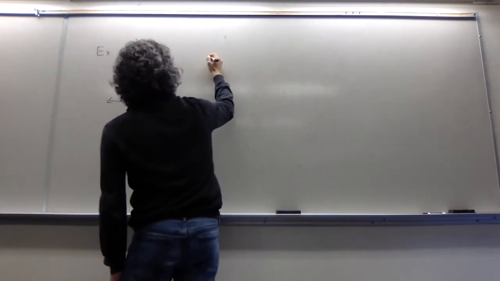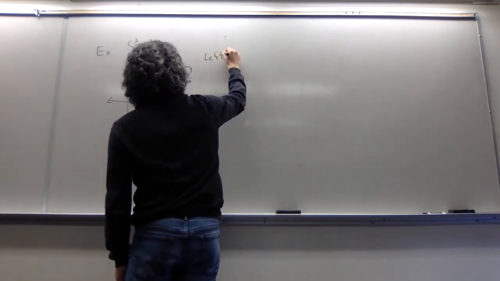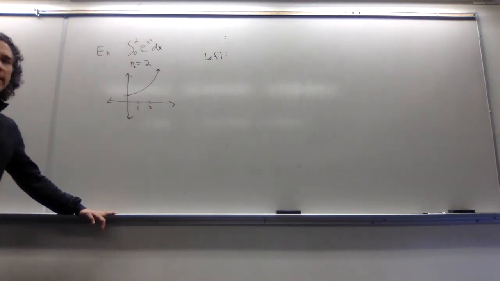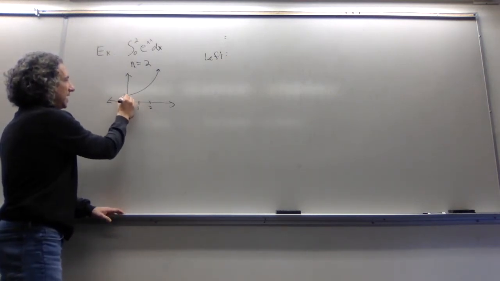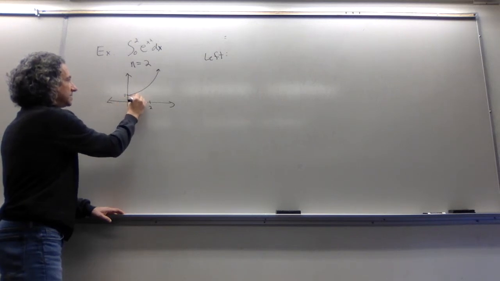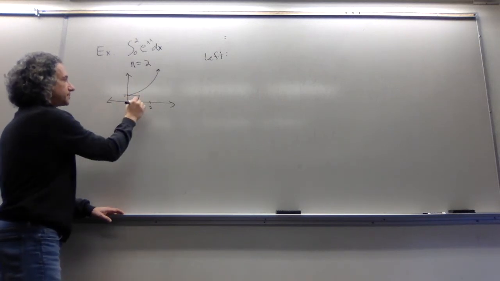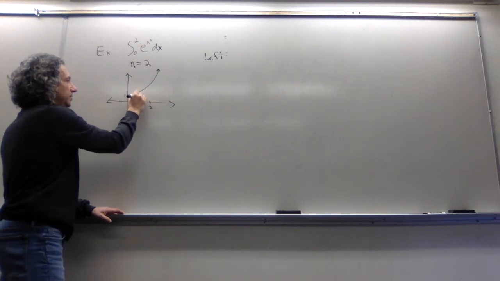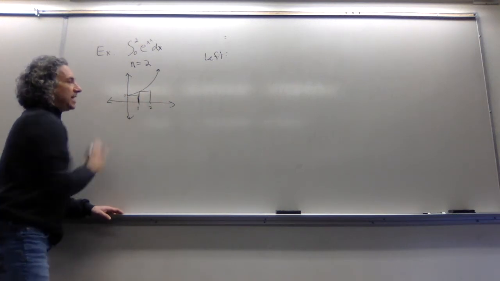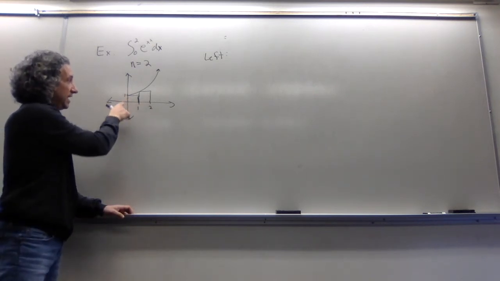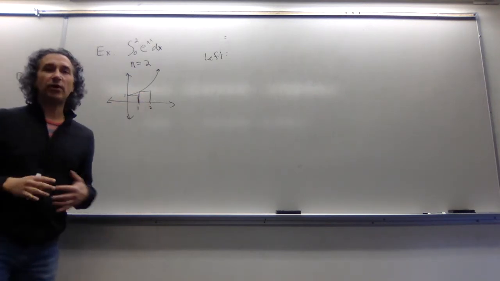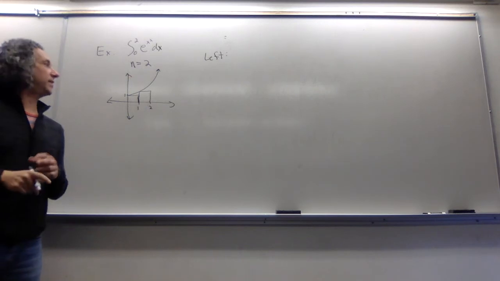So if we do a left sum, and we break this into two subintervals, then we're going to use this height as the height of the approximating rectangle. And we're going to use this height as the height of the second approximating rectangle. Again, all I do is I go to the leftmost endpoint of each subinterval and use that guy as the height of the rectangle.